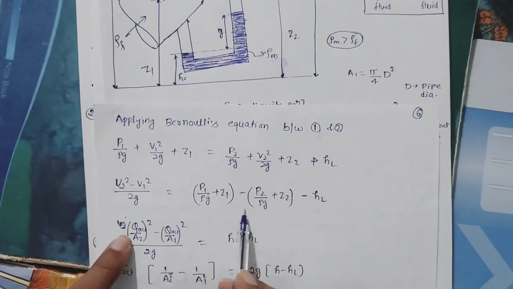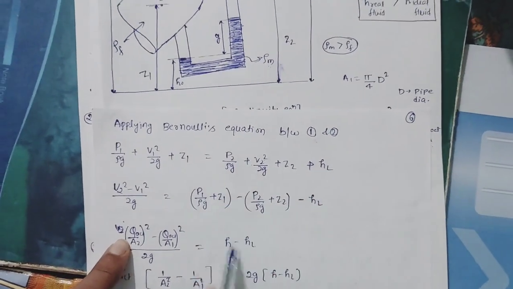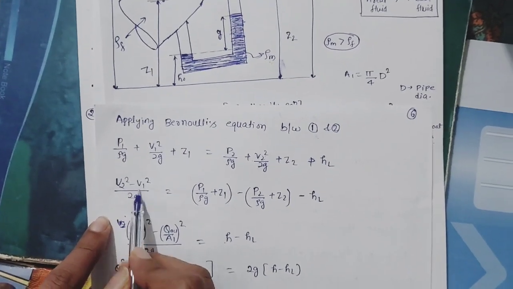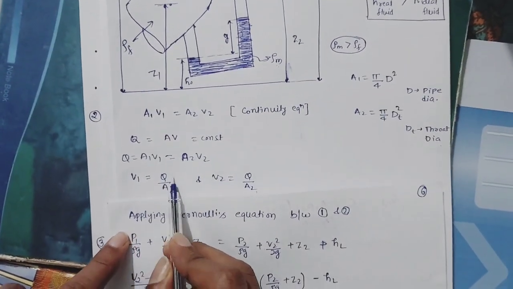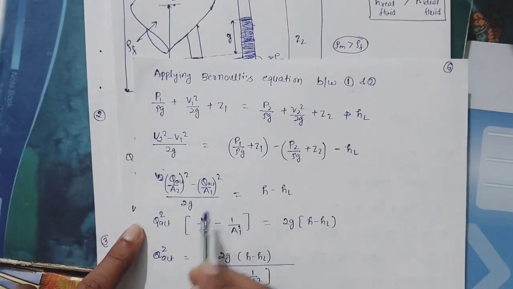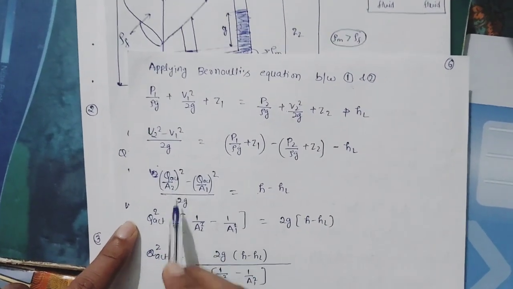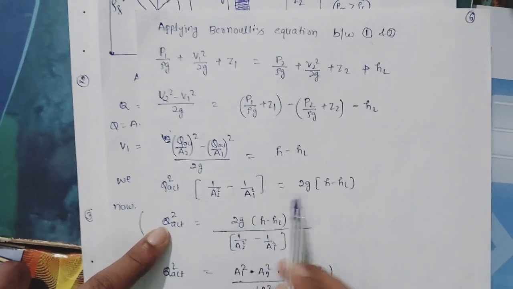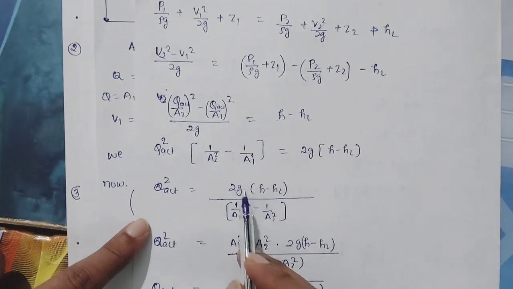So this term is H. So here it will be H minus HL, and putting the values V1 equal to Q by A1 and V2 equal to Q by A2, from here I can calculate the Q actual value. So after solving, this Q actual is coming to this.